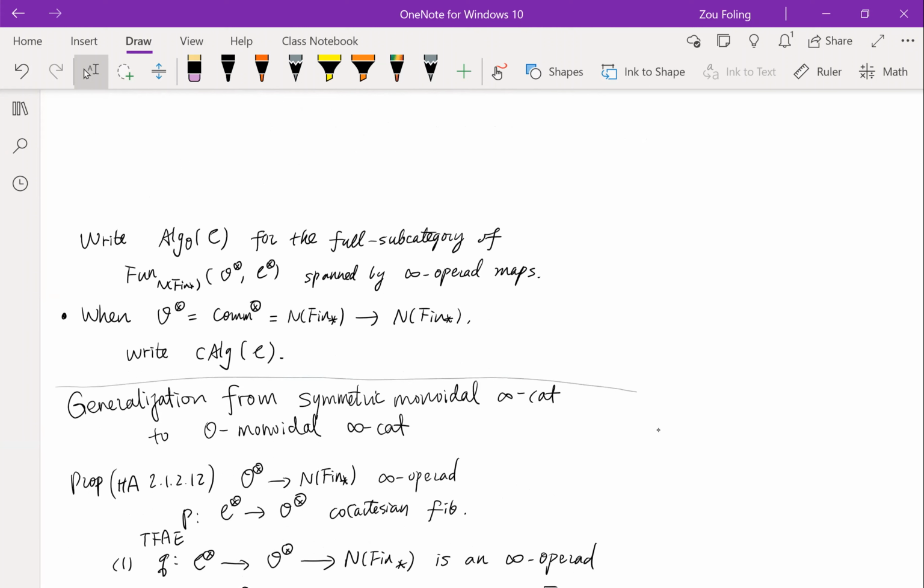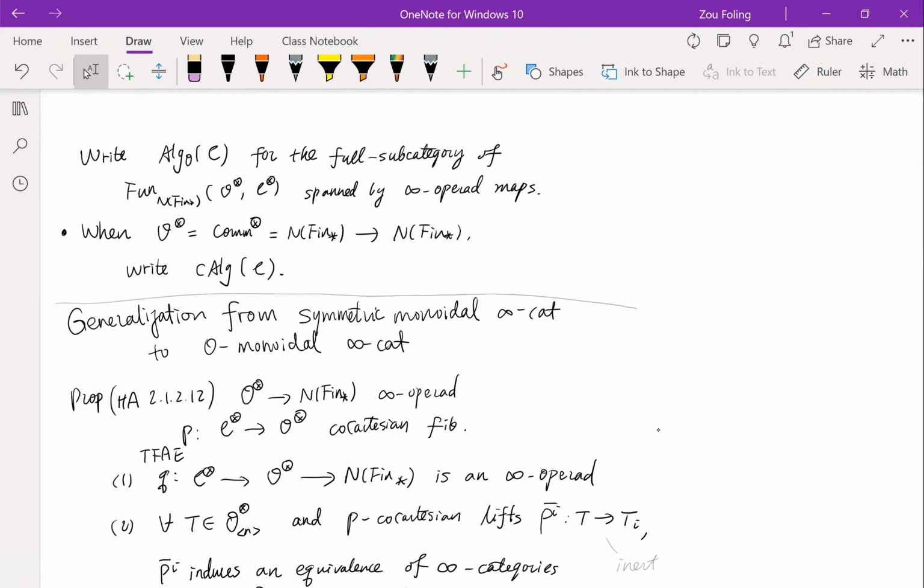Right, and then we write Alg_O(C) for the full subcategory spanned by infinity operad maps. And if O⊗ is the commutativity operad, which is the identity map from the nerve of Fin_* to the nerve of Fin_*, then Alg_O(C) is written as CAlg(C), commutative algebras in C.